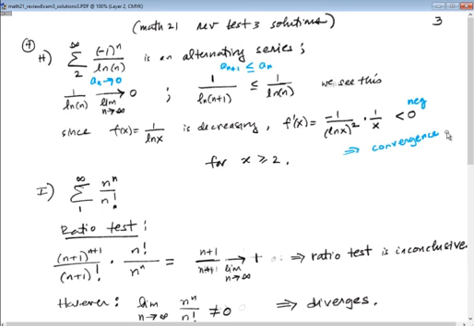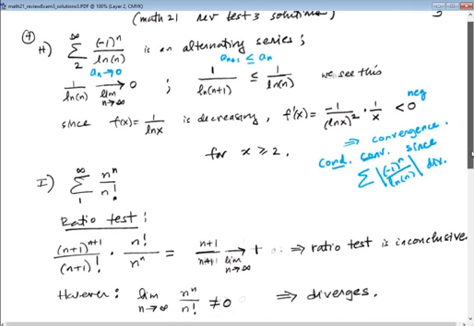We actually have, in this case, conditional convergence, since the absolute value series does not converge. That we can see easily. This diverges. So that's called conditional convergence as opposed to absolute convergence.